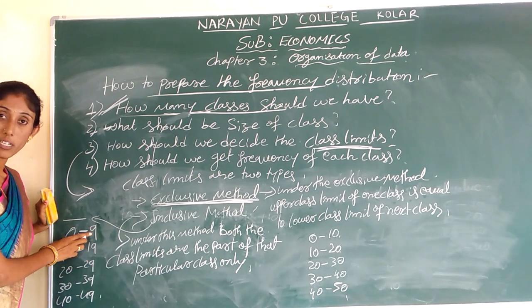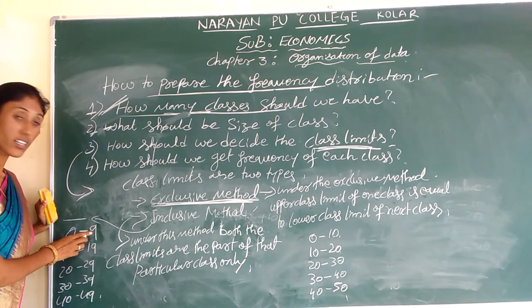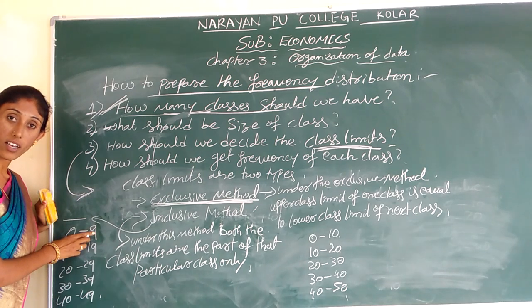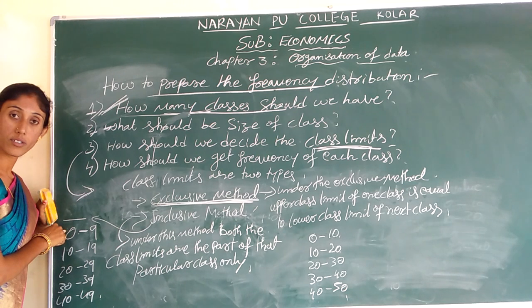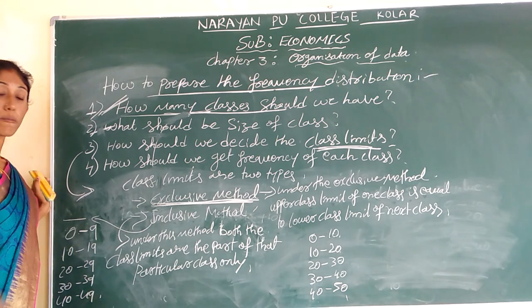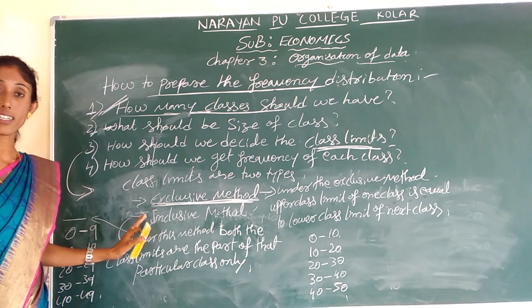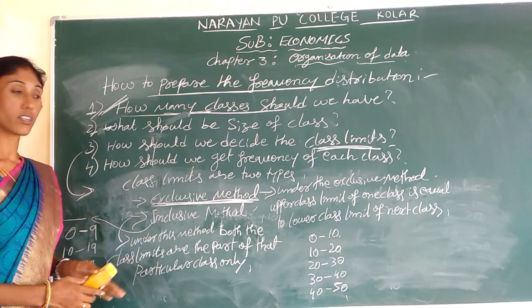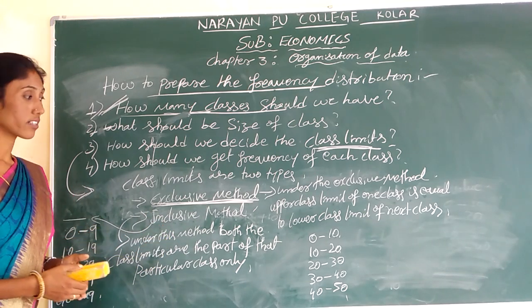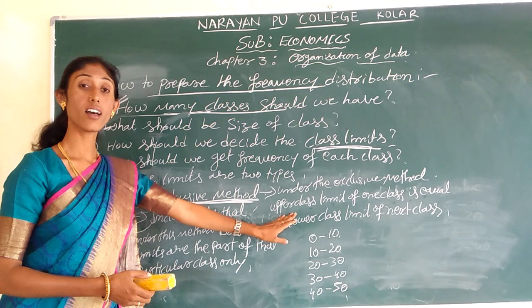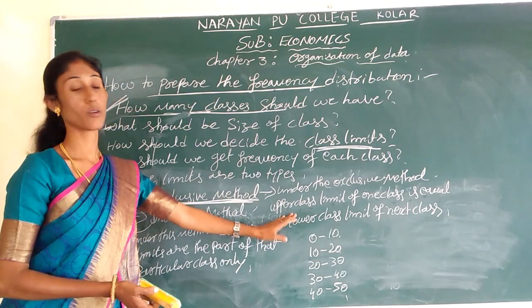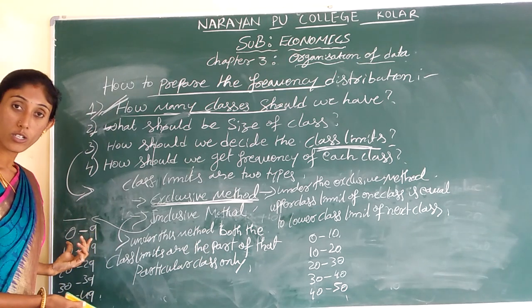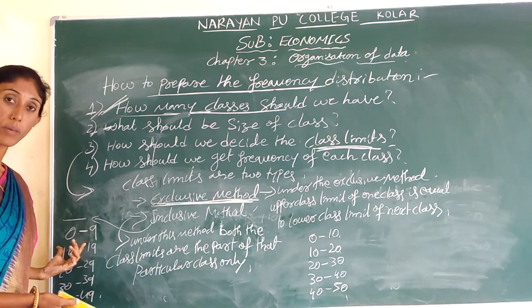Here there is no continuity between the classes. Both class parts are part of that particular class only. Are you understood? And this is what decides the class limits. If you want continuity, we should take the exclusive method. If you don't want continuity in the values, then we can take the inclusive method.